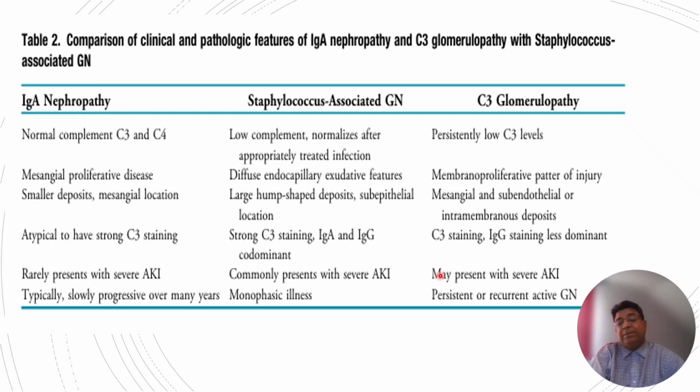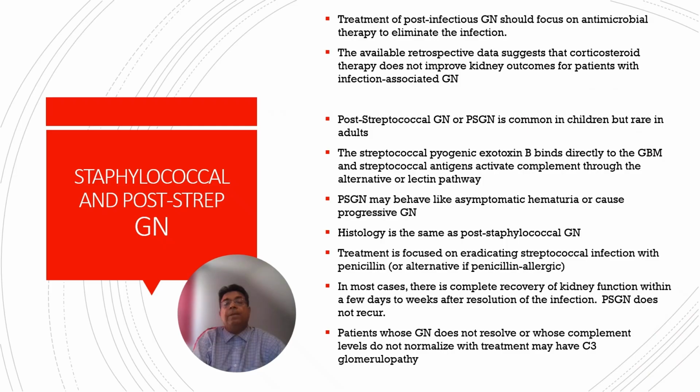C3GN can present with severe acute kidney injury and usually has persistent or recurrent glomerulonephritis. Treatment of post-infectious GN should focus on antimicrobial therapy to eliminate the infection. Corticosteroid therapy does not improve kidney outcomes for patients with infection-associated GN.